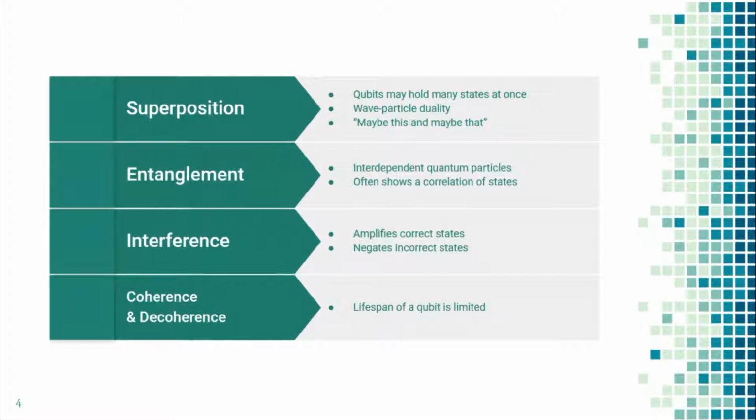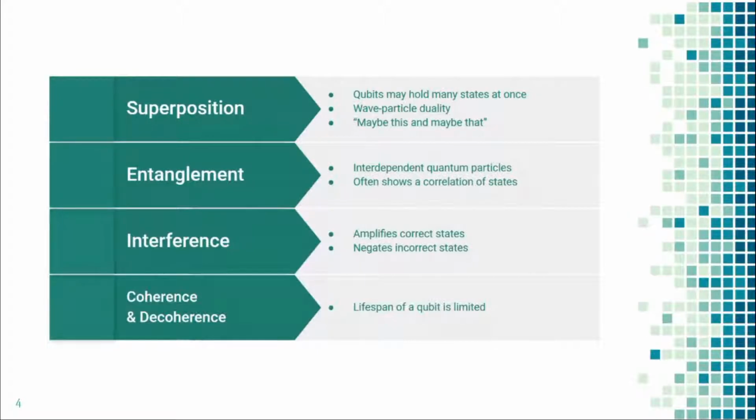The second one is entanglement, which is a phenomenon where two or more quantum particles, regardless of the distance separating them, can be entangled, or in other words, they're generated in a way such that the state of one particle in the system can't be described independently of the state of the others, even when separated by a large distance.